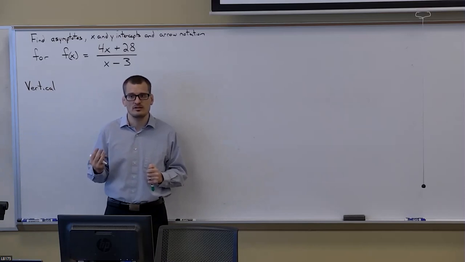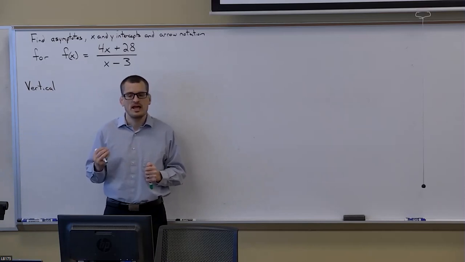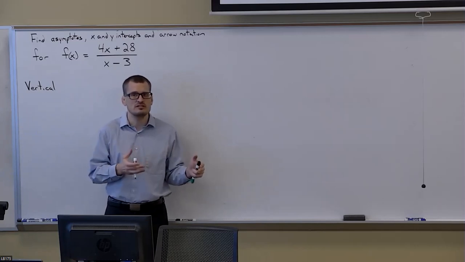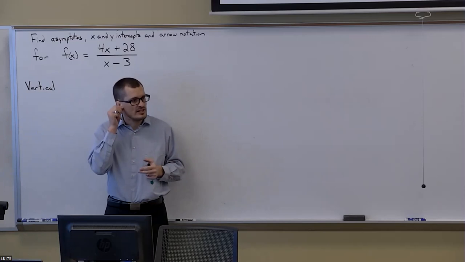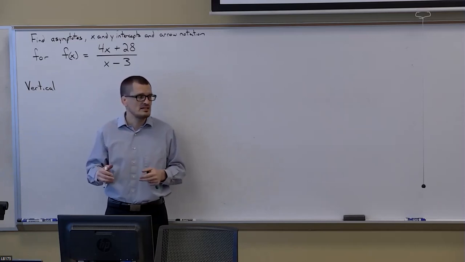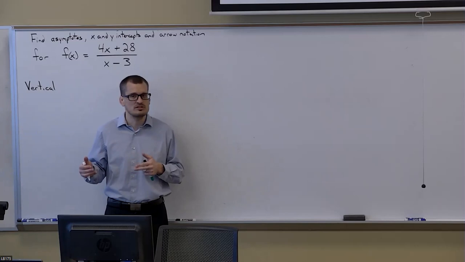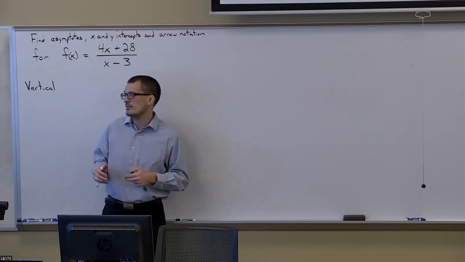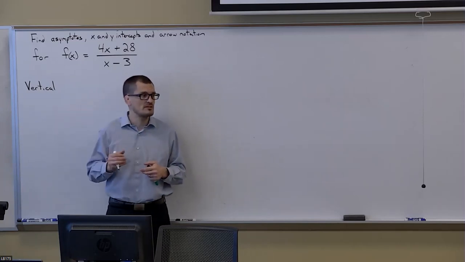If the denominator is a polynomial of degree n, then we might have n zeros, places where the denominator could be 0, and then we might have that many vertical asymptotes.